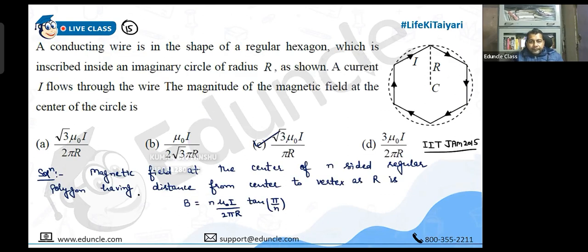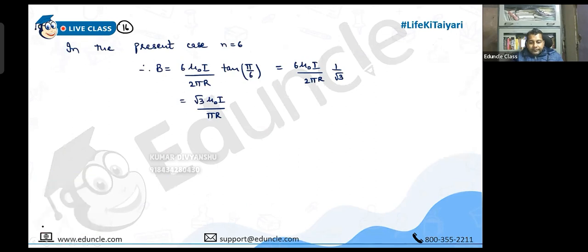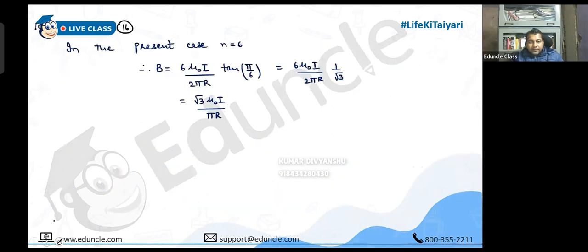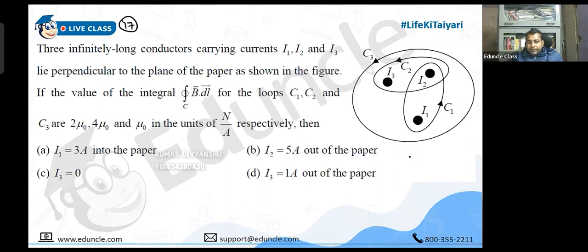Please check everyone. I have given you the generalized formula, which is dependent only on the number of sides. And there is another formula in terms of side length, in which this distance is not given. So be careful while using the formula.